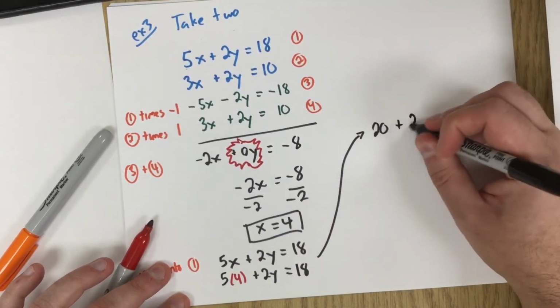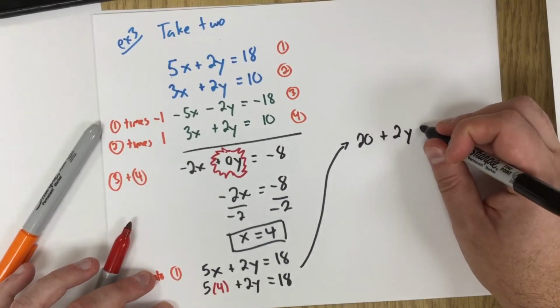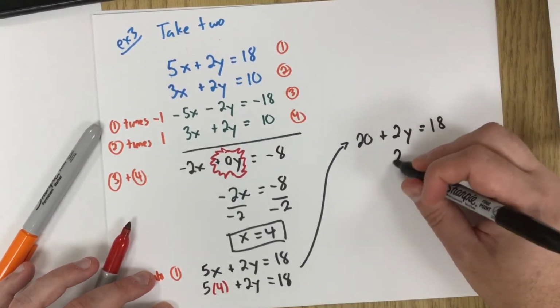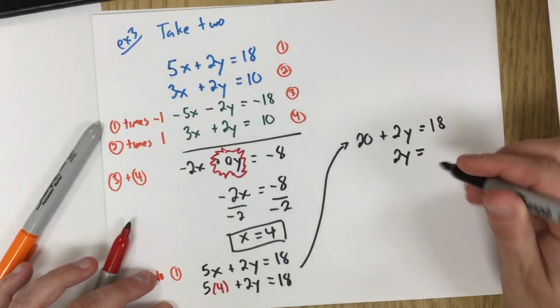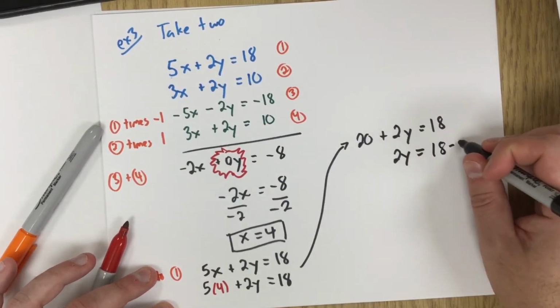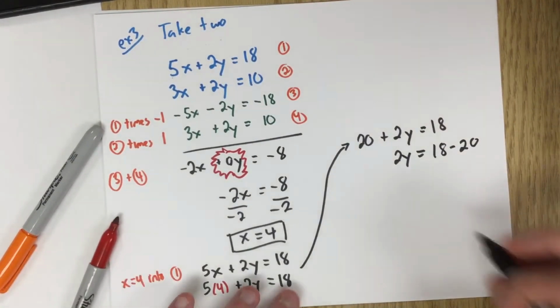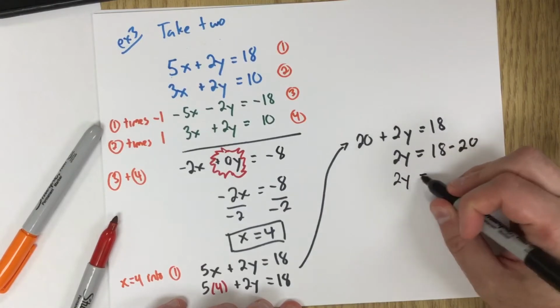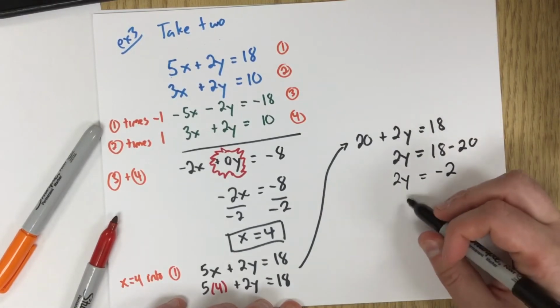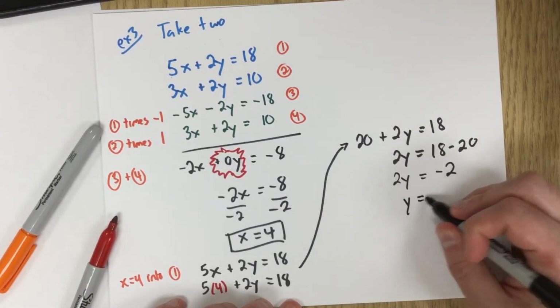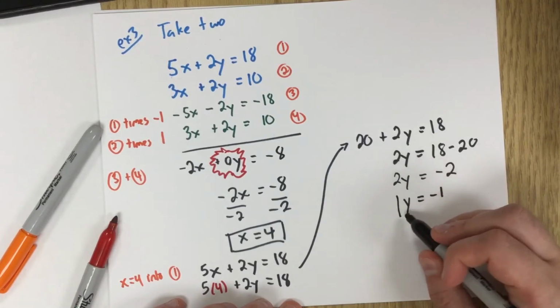So 20 plus 2y equals 18. 2y, if we bring the 20 to the other side, it becomes negative. It becomes 18 minus 20. So 2y equals negative 2. And y equals negative 1.